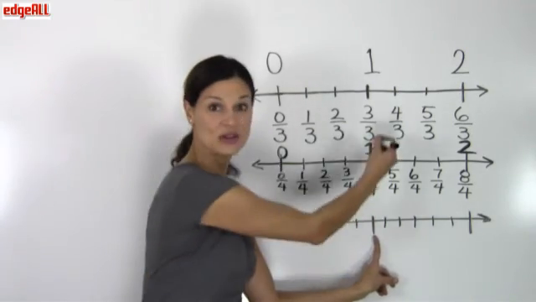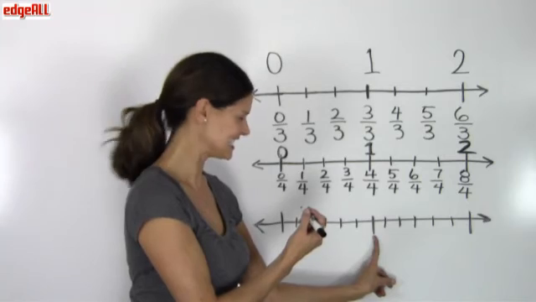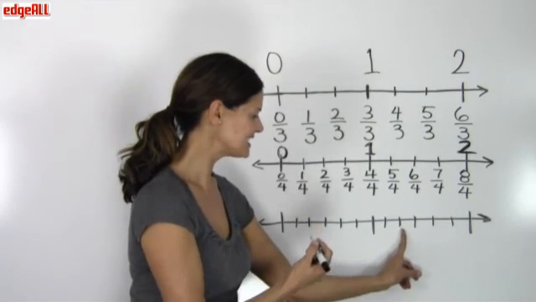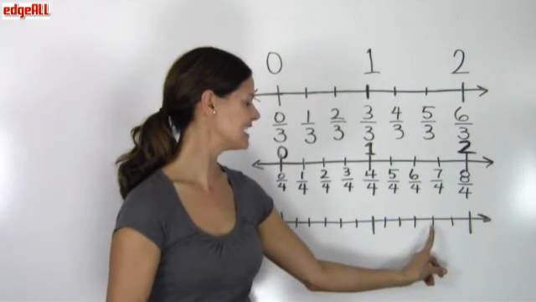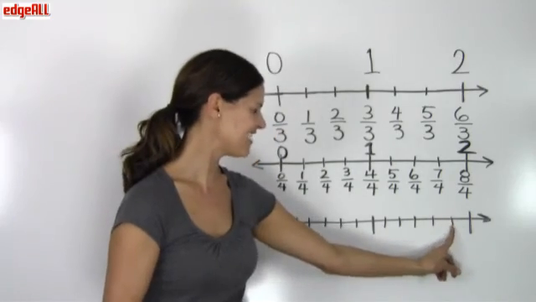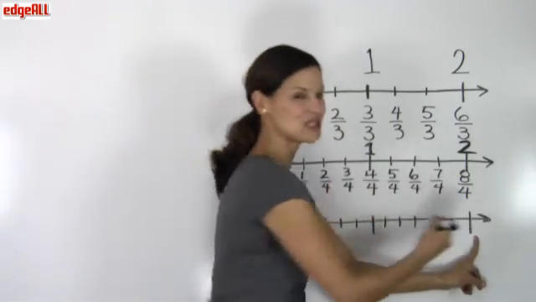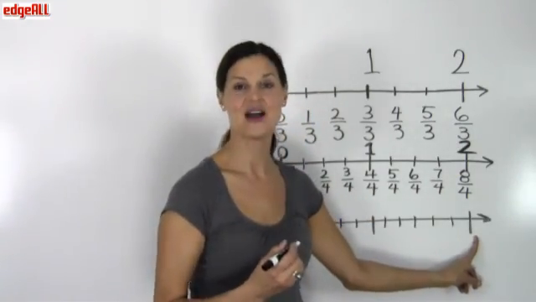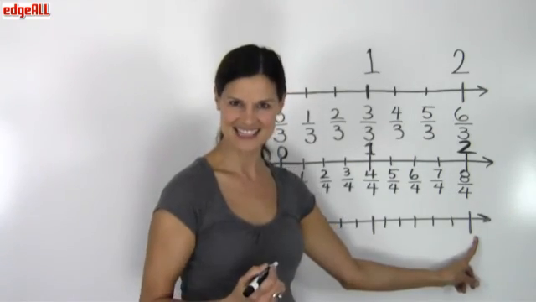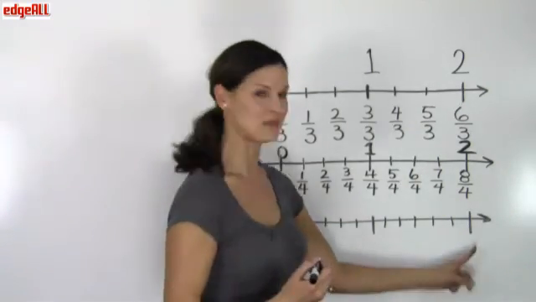I would land at my whole number 1 at 6/6, 7/6, 8/6, 9/6, 10/6, 11/6, and finally at my whole number 2 I would be at 12/6, or 12 divided by 6, which equals the whole number 2.